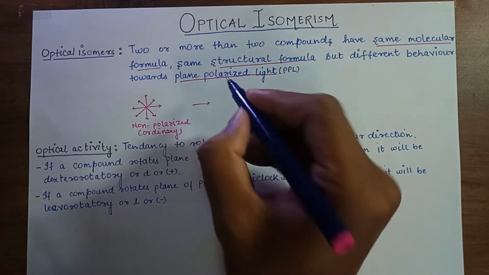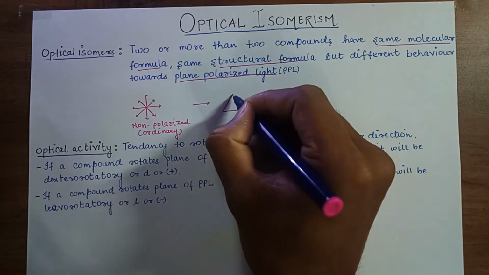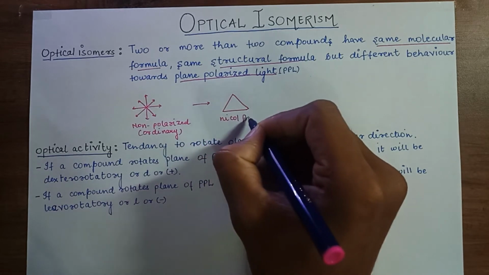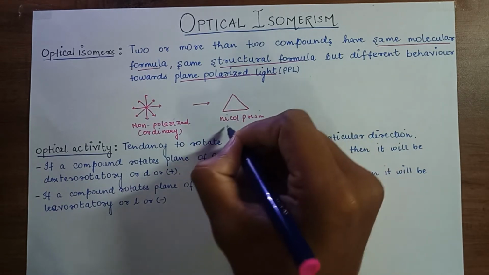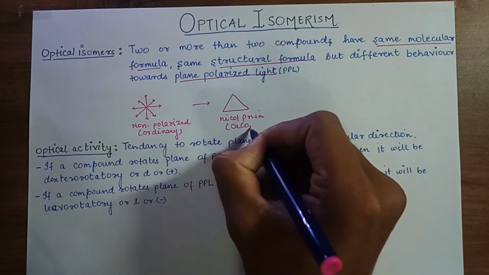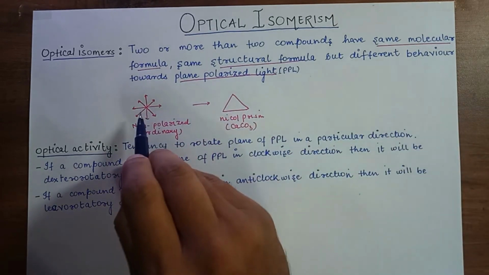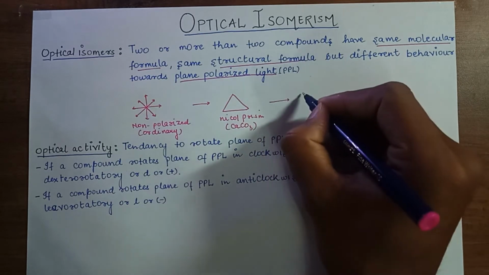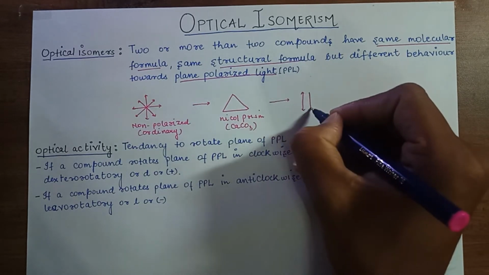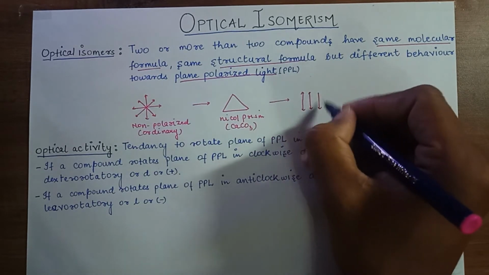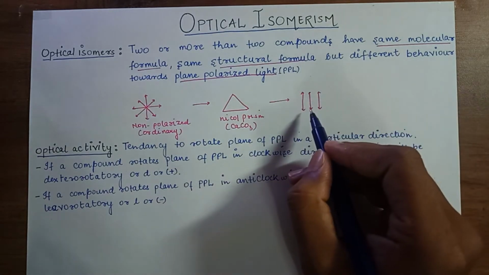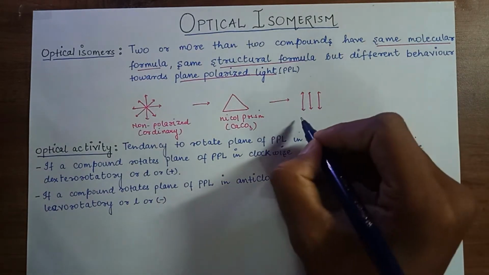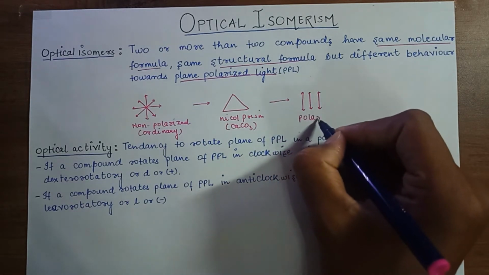When it is passed through a nicol prism, which is my CaCO3, calcium carbonate, this non-polarized light is converted into polarized light. In polarized light, the electric field vectors are vibrating in only one particular direction. This is my polarized light.